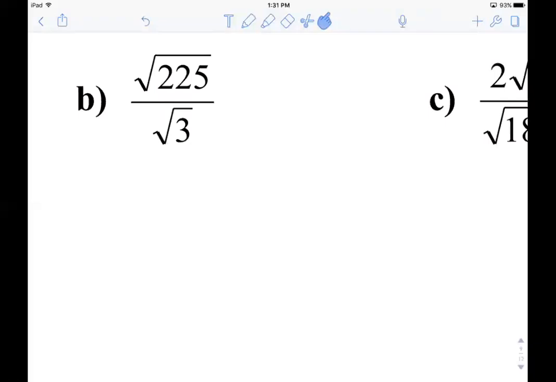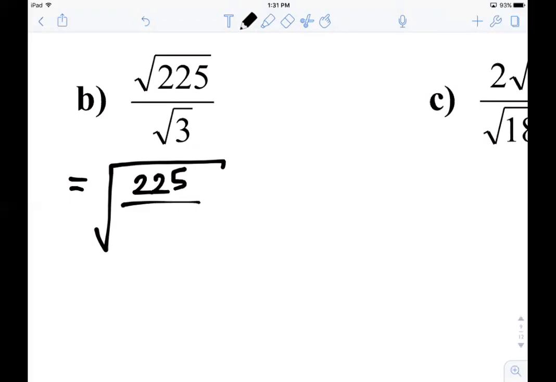Here we've got root 225 on the top and root 3 on the bottom. Well, let's do the same trick to start that we did in the last one. We're going to make this one great big giant radical with the division going on inside. 225 over 3 is all going on inside the radical. And that's okay because it actually breaks down nicely into a whole number, 75.